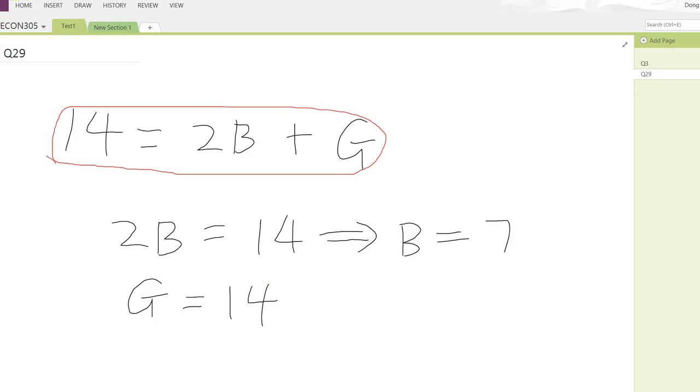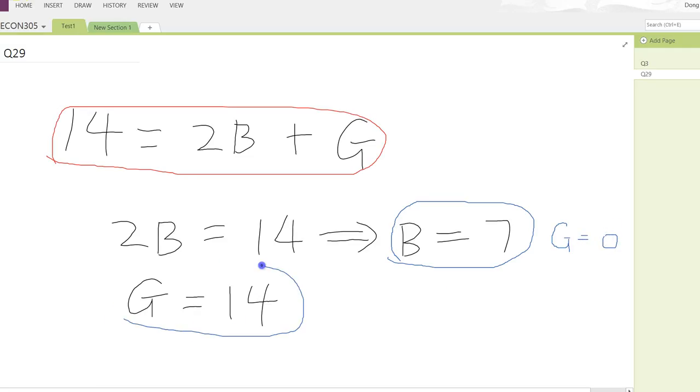So now we have these 2 points. One is B equals 7 and G equals 0. The second is when G equals 14 and B equals 0.